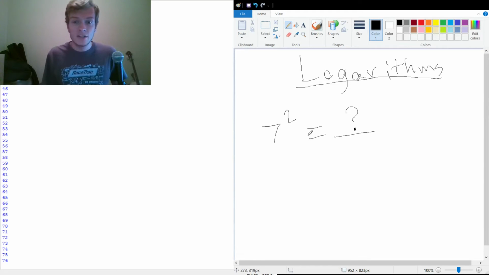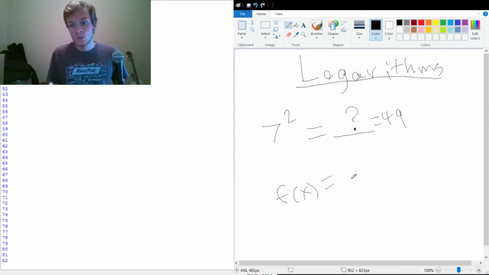So this is 7 times 7, it's 49, and that's what this equals. This is a power function. So if f of x equals some number to the x, that's a power function, and f of x would be our answer.